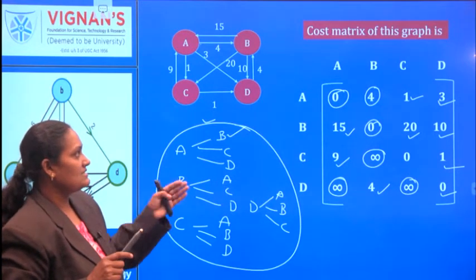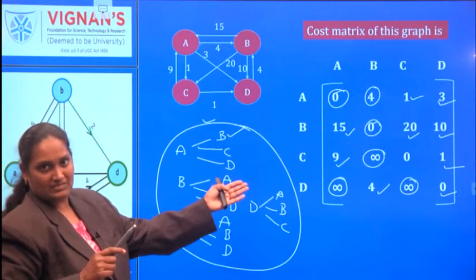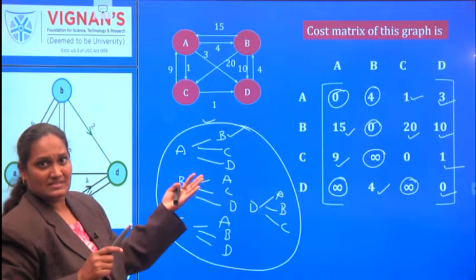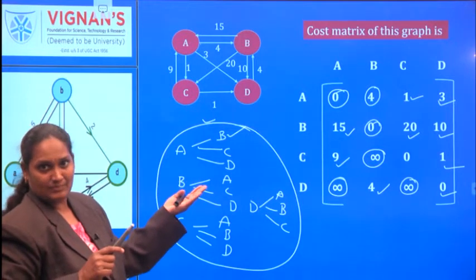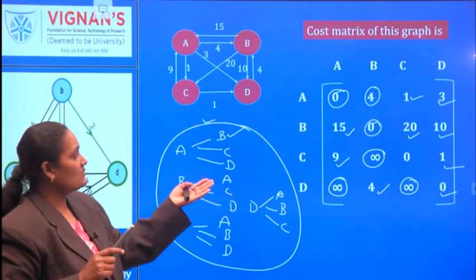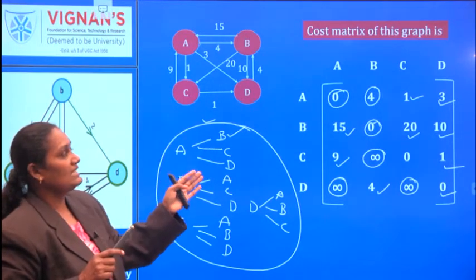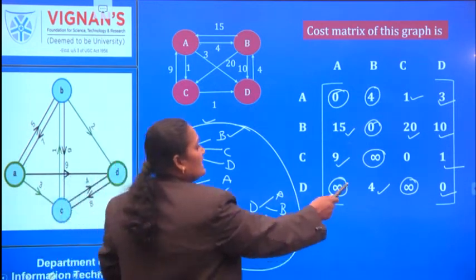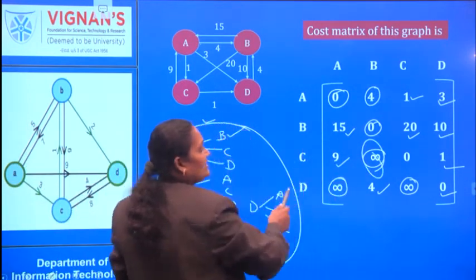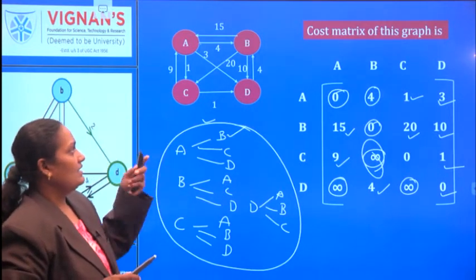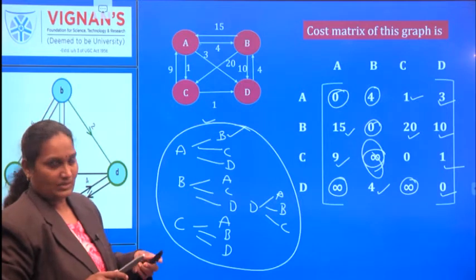Suppose, for example, C to B: there is no edge, so we represented its cost as infinite, but via some other vertices we may reach from C to B. So there is a path from C to B. We need to find that cost and update this infinite value with that cost value. So this is our entire all pairs shortest path problem.